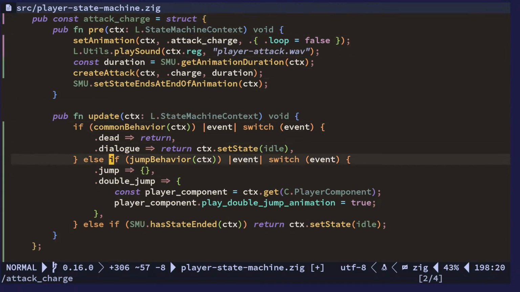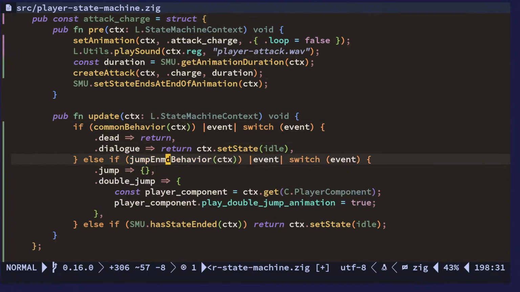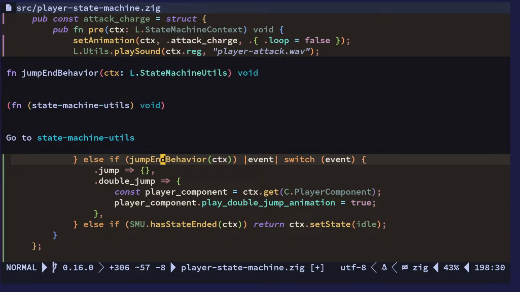So instead of having jump behavior, we can have jump end behavior. Which is not really an if. It's more like we just want to call this.